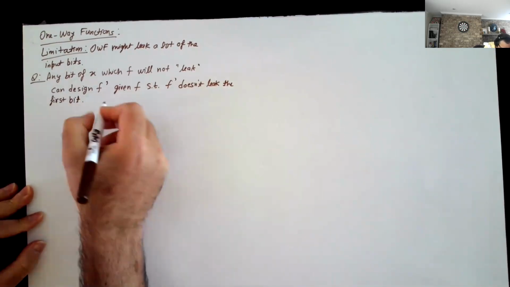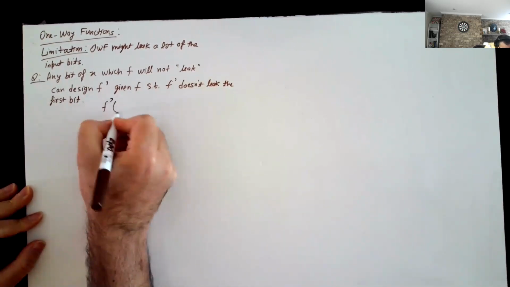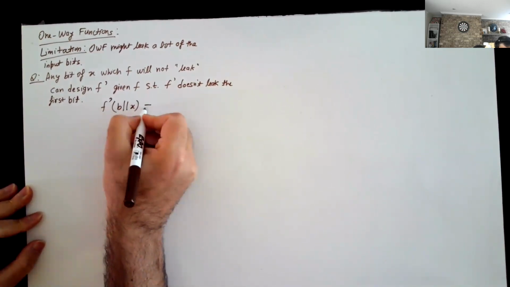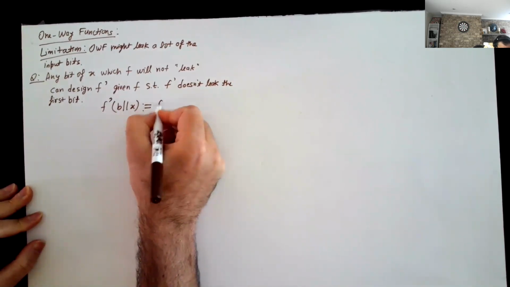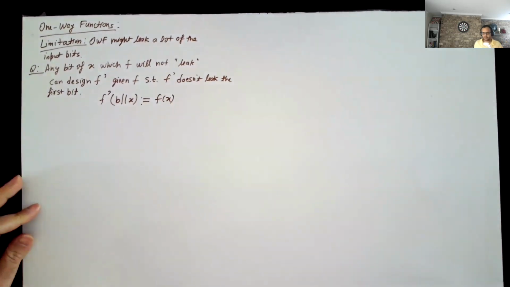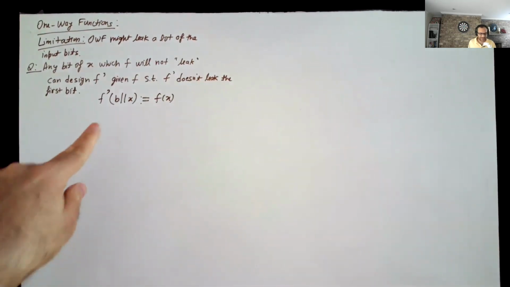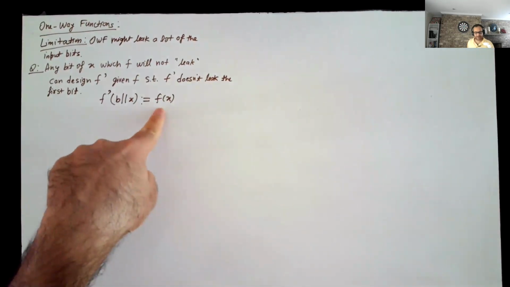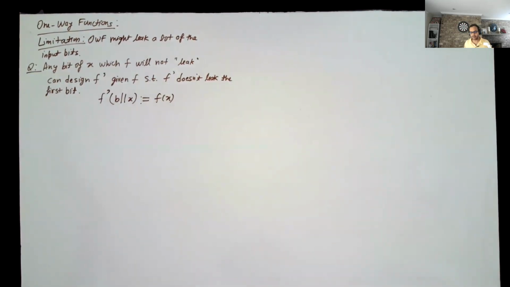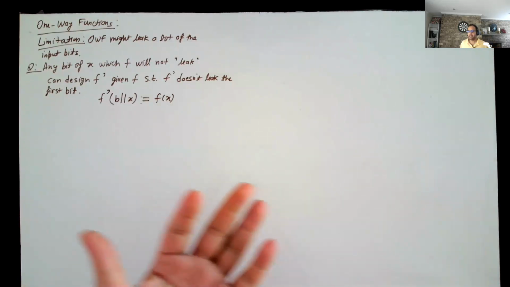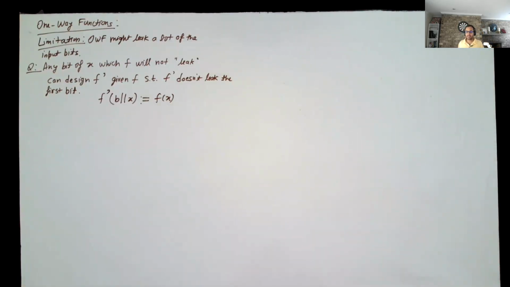And how does f prime work? f prime takes as input some bit b concatenated with x, and then just outputs f of x. So f prime takes an n+1 bit input, ignores the first bit, and applies the one-way function f to the remaining n bits. And here you can see that f prime clearly hides the first bit b. But this is a specific one-way function, so this is not what we are talking about.